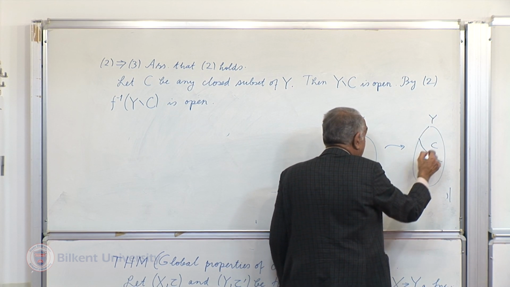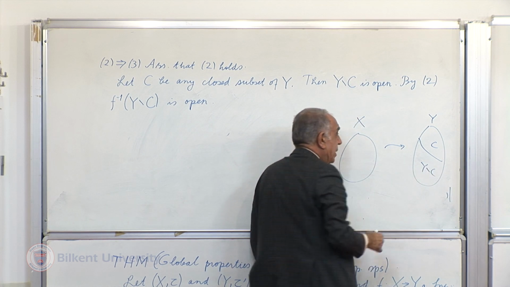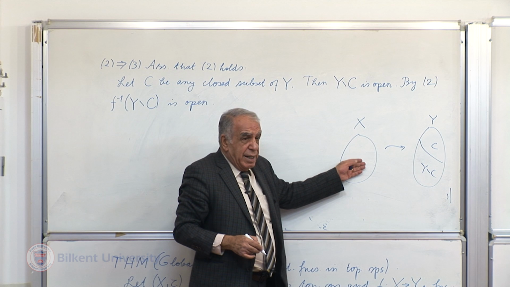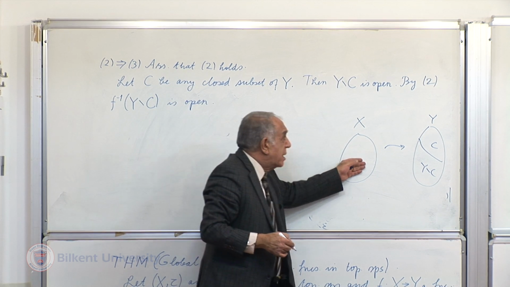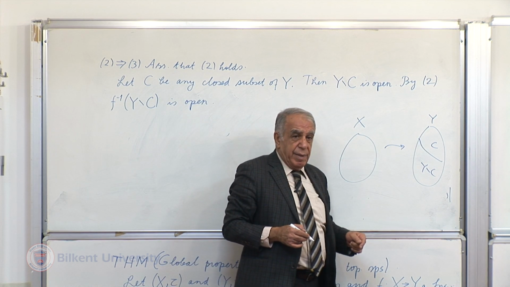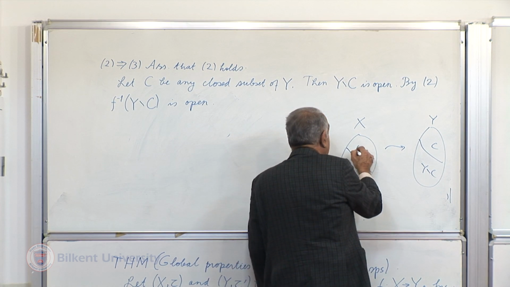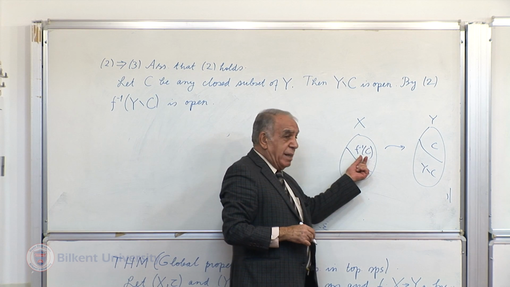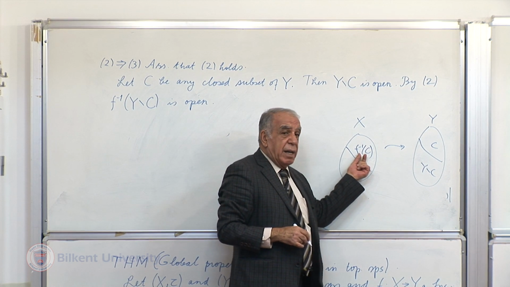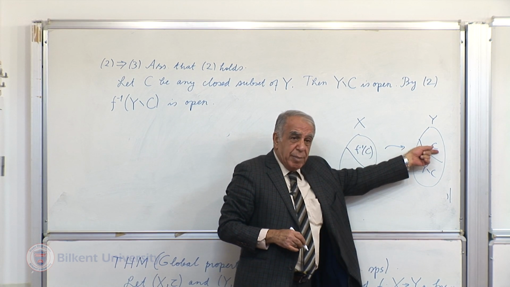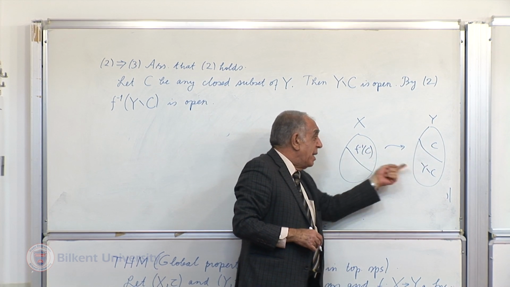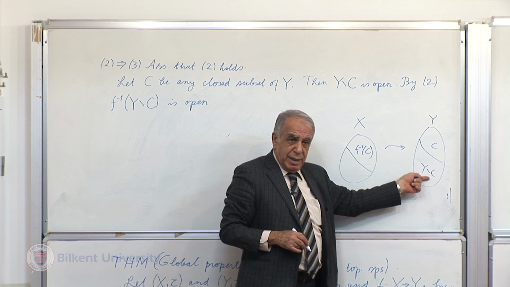Now this is C, this is Y minus C. Everything in here is sent onto some point in Y. But f inverse of C, well, these are the totality of all points which are mapped on C. Thus, nothing from here can be mapped onto here.